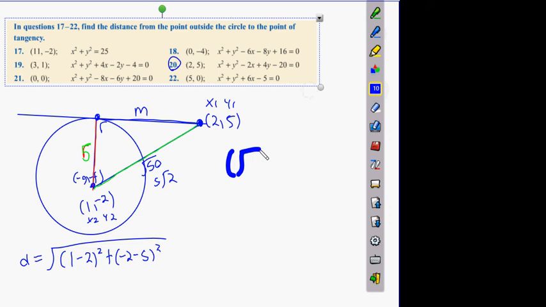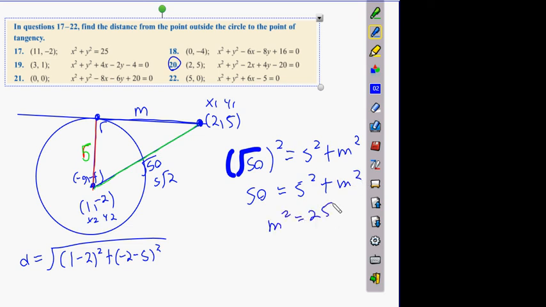Root 50 squared equals 5 squared plus m squared. 50 equals 5 squared plus m squared. m squared equals 25, m equals 5. What type of triangle is this? Isosceles, and that angle therefore equals that angle. If there was some carry on question, that's additional information you get from that.